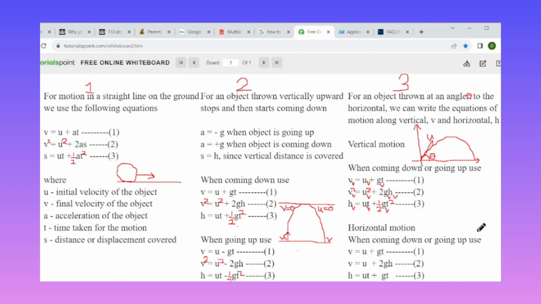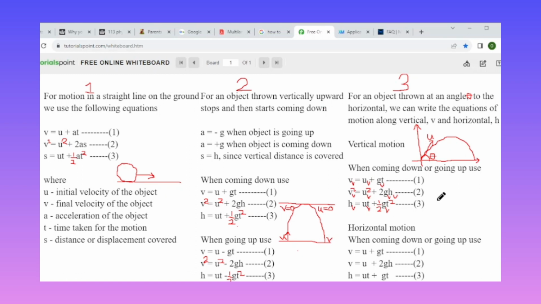So when we want to calculate anything that has to do with the vertical, we use the 3 equations written that have to do with the vertical motion of the object.